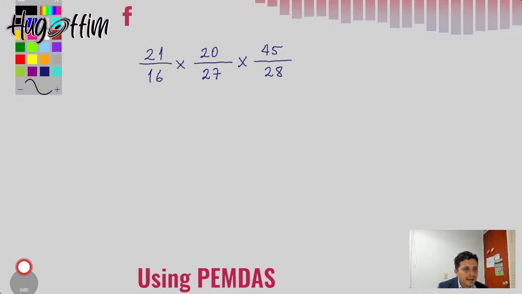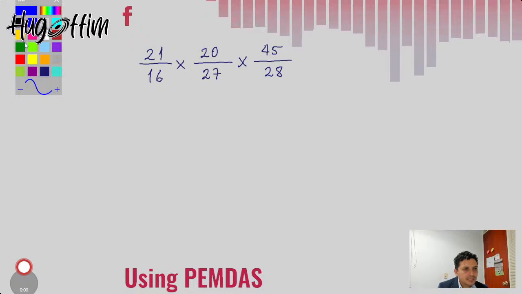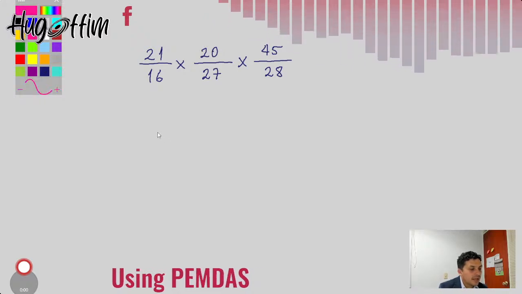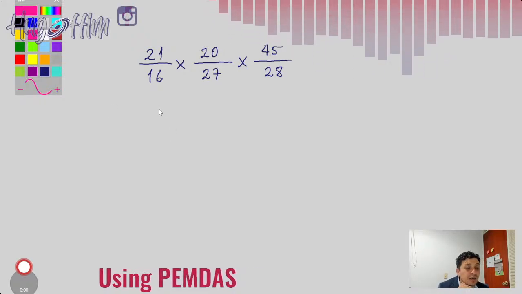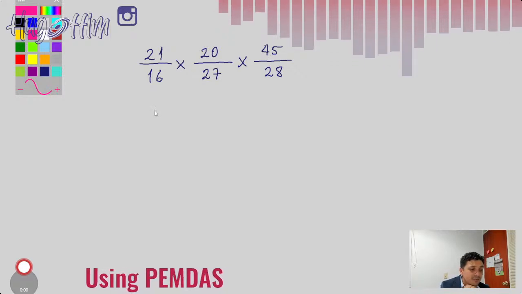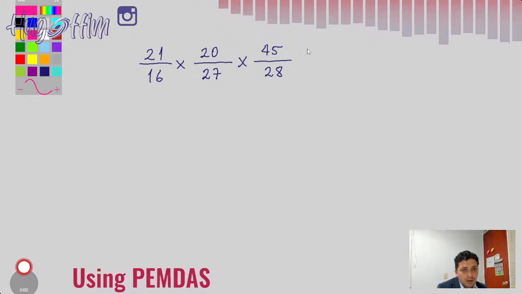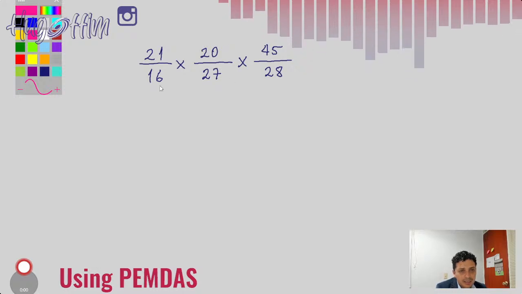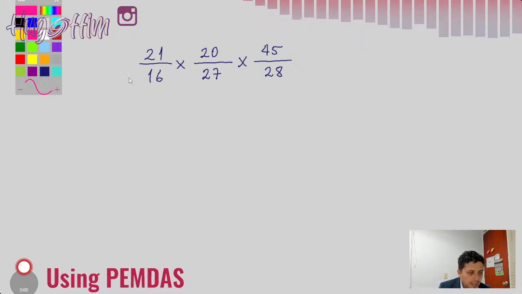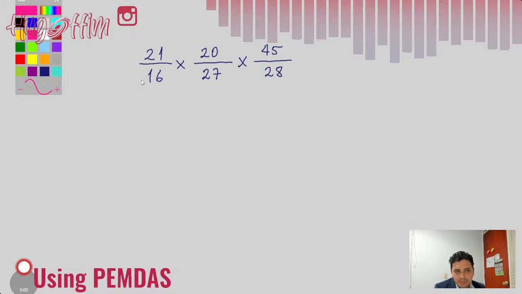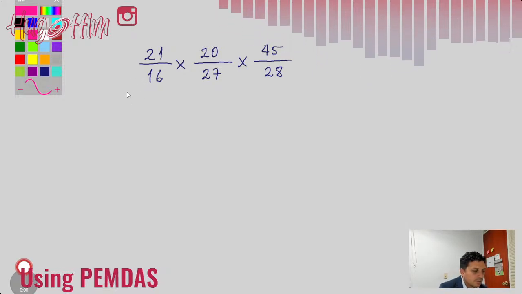So identify common factors. This is the idea of multiplying fractions. Tell me if you identify a common factor between any numerator and any denominator. I'm going to give you 30 seconds to send me a message telling me any common factor that you find.